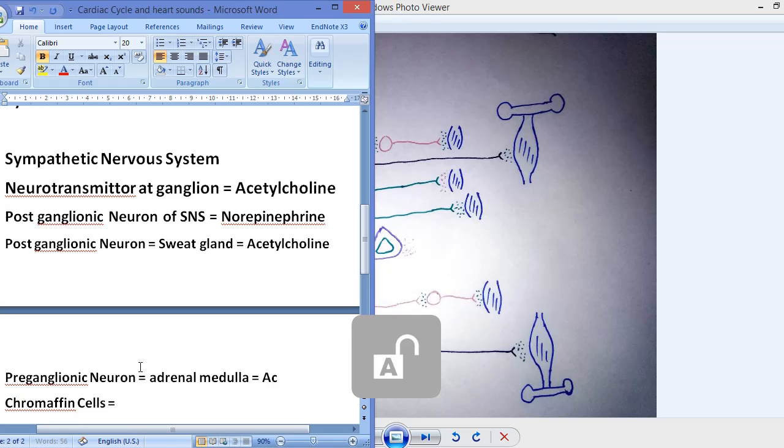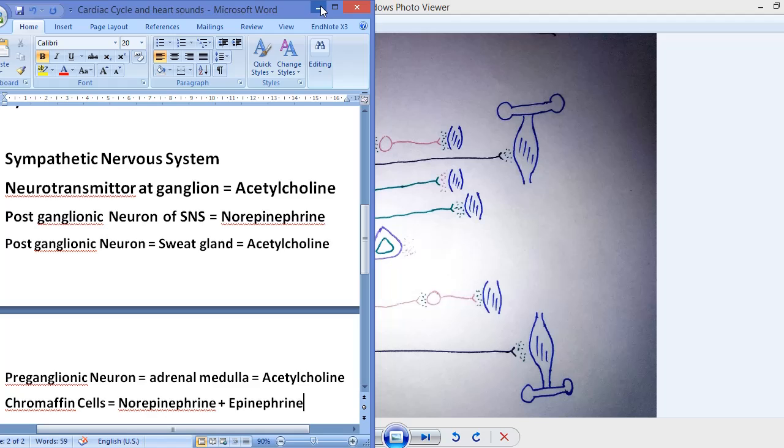Acetylcholine. But after secreting the acetylcholine, the chromaffin cells will be activated, and the chromaffin cells inside the adrenal medulla will secrete what? That will secrete two types of neurotransmitter: norepinephrine plus epinephrine.